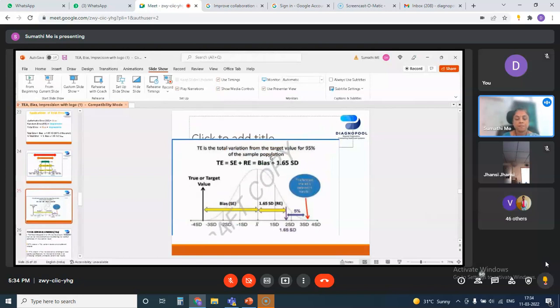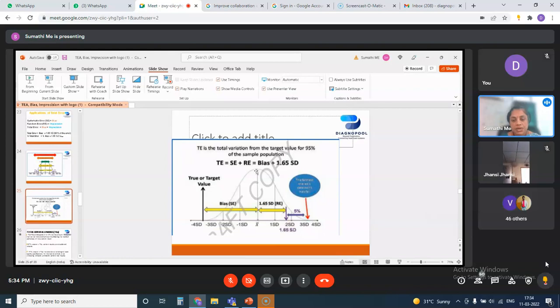You can see here, your errors will also include bias. When you have a bias, your Gaussian curve will move either towards the positive side or towards the negative side. In this diagram there is a central tendency here.